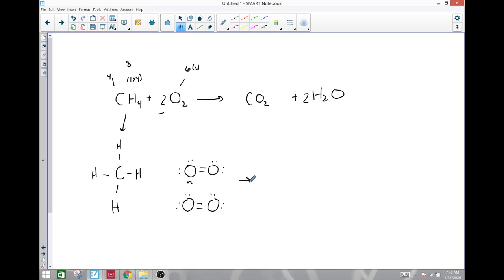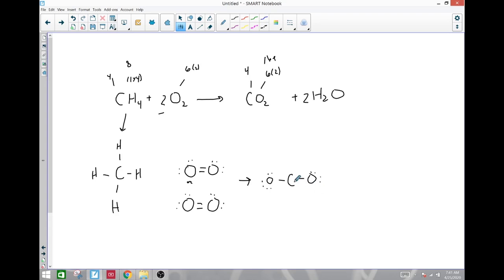All right, CO2. Carbon has 4 valence electrons. Oxygen has 6, and there are 2 of them, so 12 plus 4 more, 16 electrons. Carbon, single bond oxygen, 2, 4, 6, 8, 10, 12, 14.